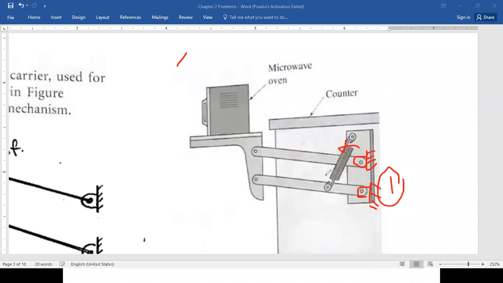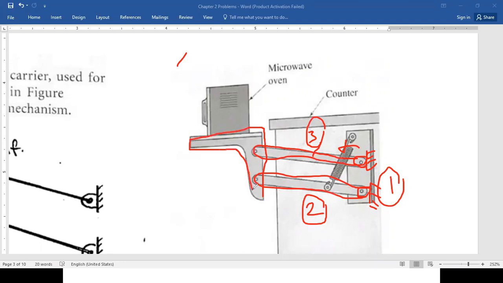This is my second link. This is my third link. And this is link 4. This link, how can I represent it, because of this geometry?